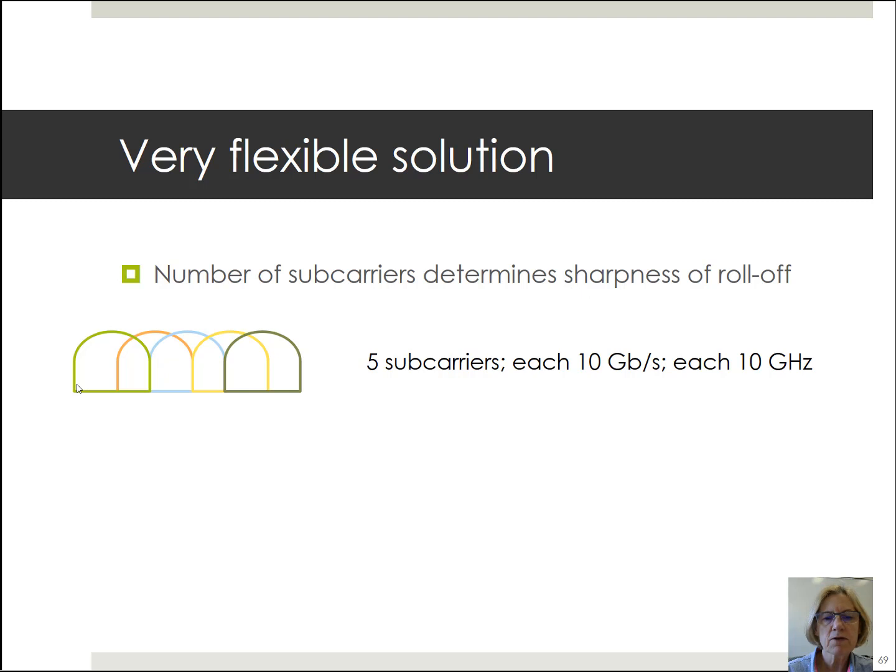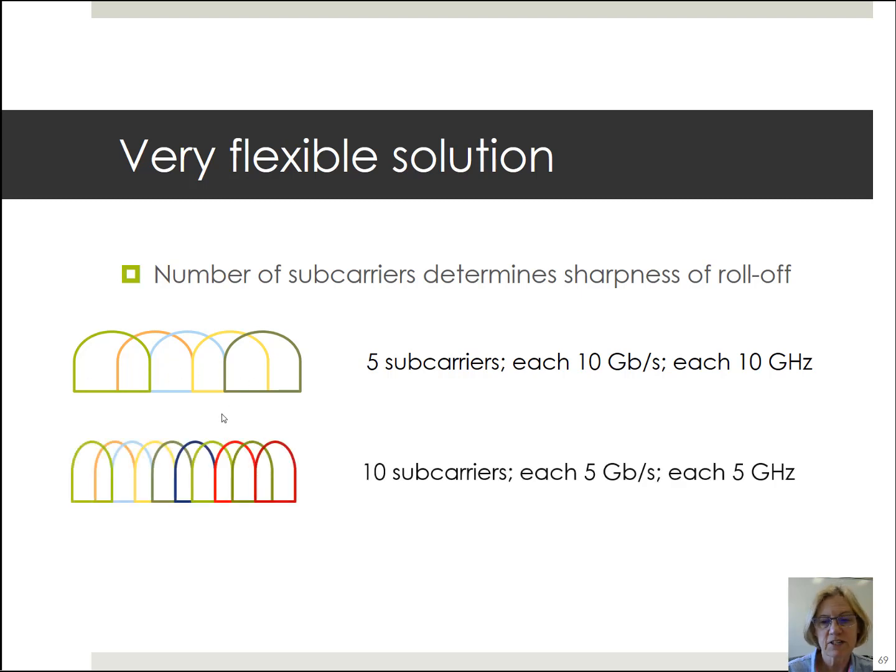So, for instance, suppose I have 5 subcarriers. Each subcarrier is carrying 10 gigabits per second of data, just for round numbers, and say it occupies 10 gigahertz of frequency. Now, the total occupied frequency then is, well, you can count it. We can see it visually.